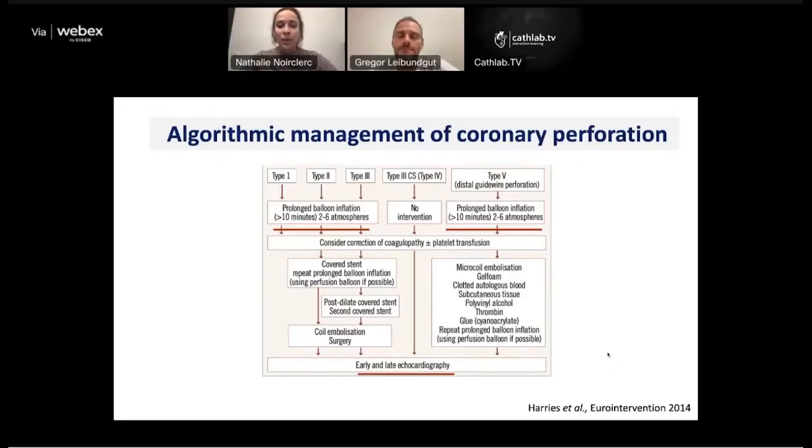And also what I want to highlight is that distal perforation can be silent for a few hours, and then the patient gets hemodynamically unstable, like 4 hours later. This is why they recommend repeating the TTE. Absolutely.